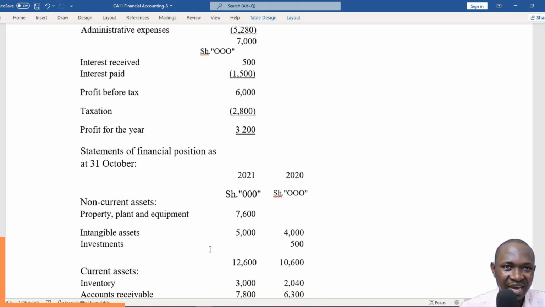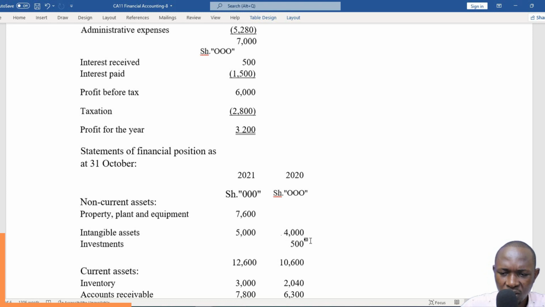So we always have the current year and then the preceding year, and that is to enable comparisons to be able to come up with the movements in cash. After all, cash flow is all about the movement in cash. That's what we are trying to find out.